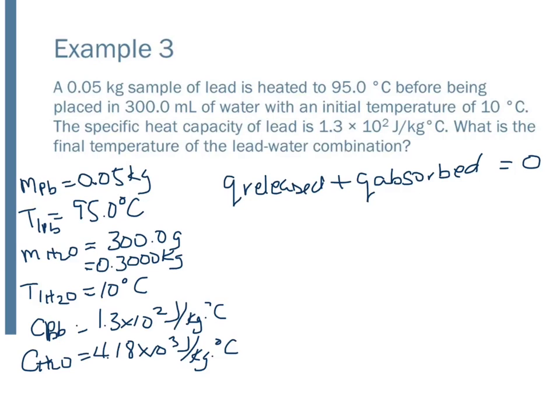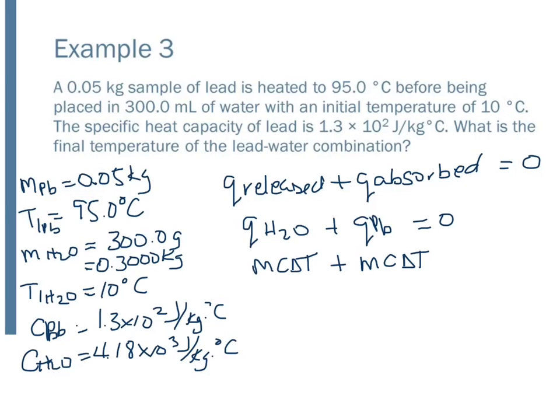So what we're going to do is change this. We don't care which one's absorbing and which one's releasing. I'm going to put QH2O plus QPB equals 0. So now we're going to put all of our information for water into this equation, and all of our information for lead into that equation.